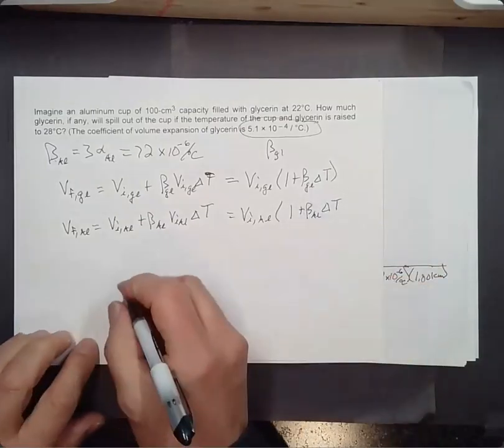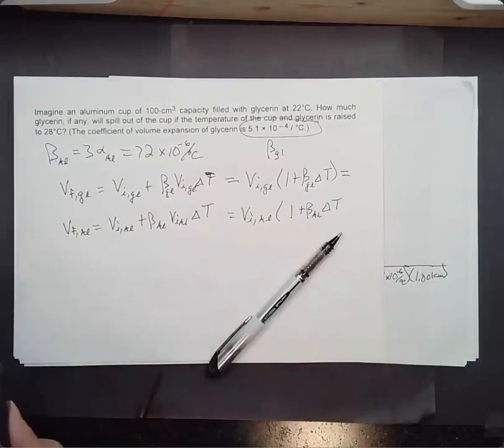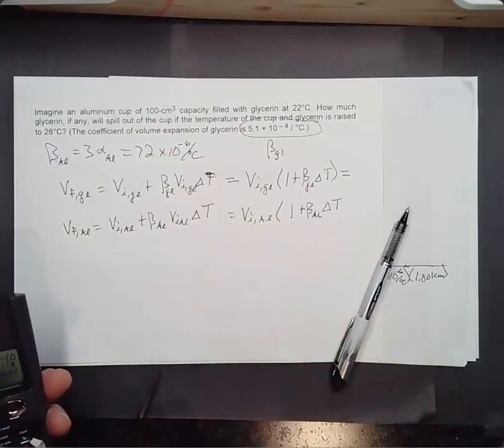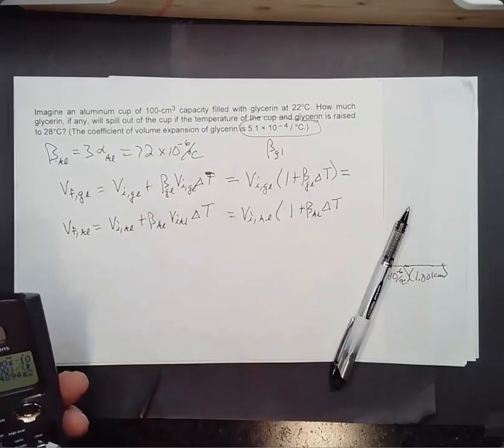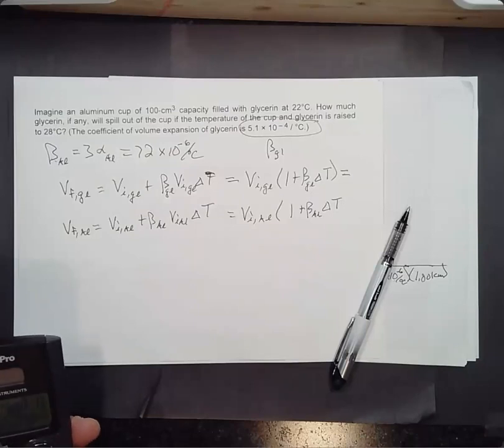Okay, well, this will be 100 times beta sub GL, which is 5.1 times 10 to the minus fourth, times 6.